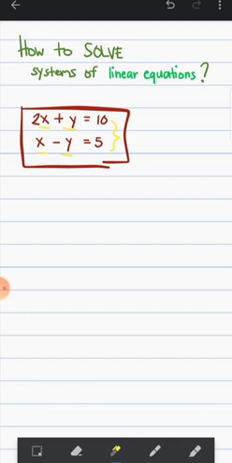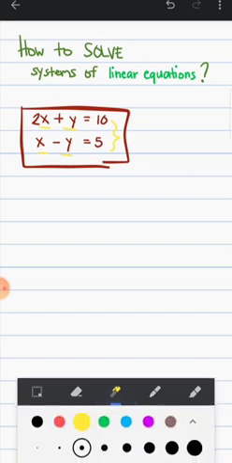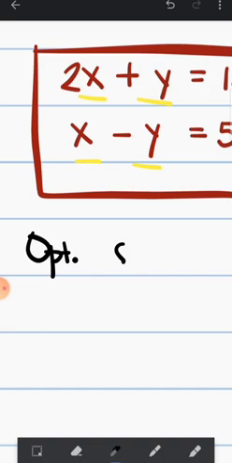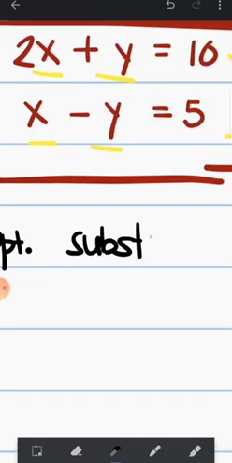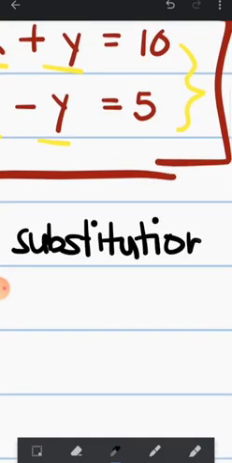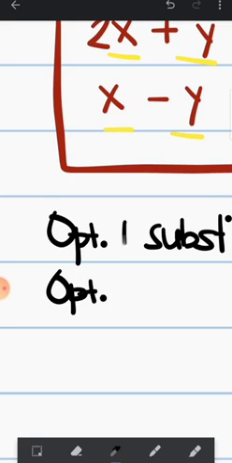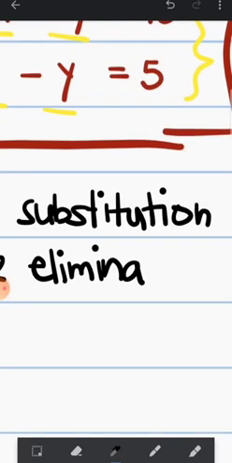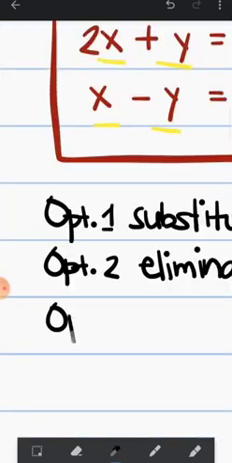So the question is how to solve it. To solve this one, we have, I think, 3 options. Option 1 would be the substitution method. Option 2 would be the elimination method, or sometimes they call it Gaussian elimination.